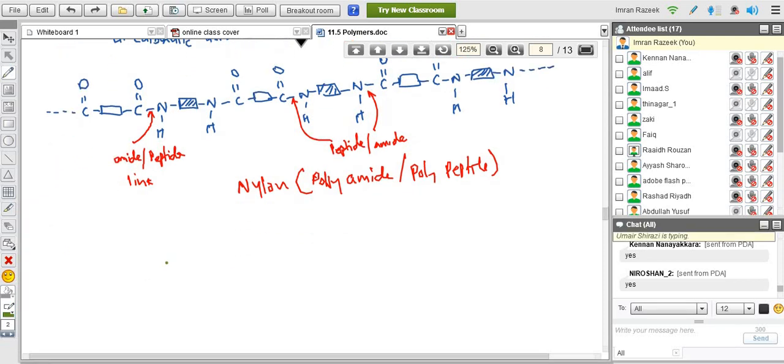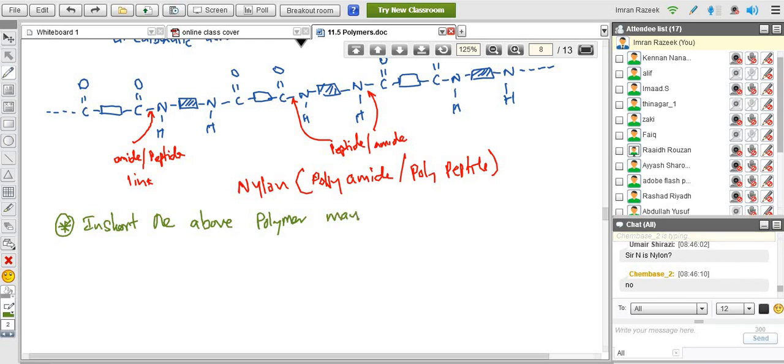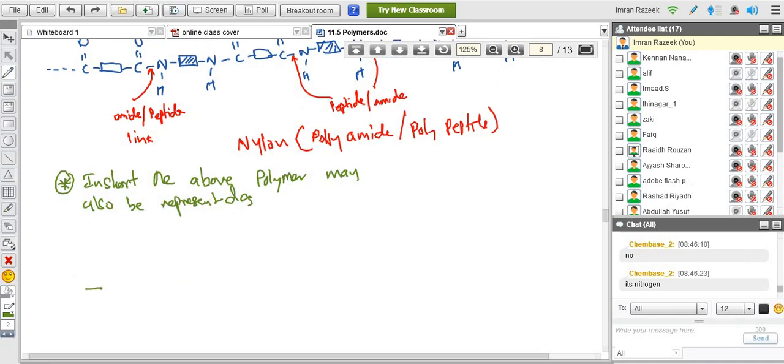So I can say in short, the above polymer may also be represented as follows. You can show one repeating unit, which is a dicarboxylic acid and diamine. Just one repeating unit.